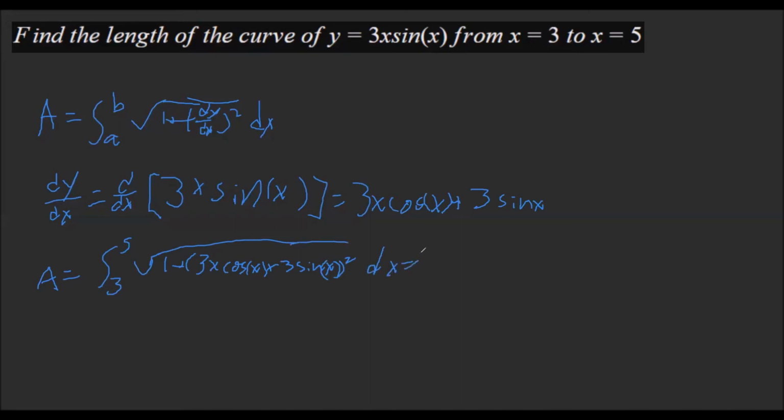Now, we could end it here. However, I have the value on hand, and that is 24.440. So the length of the curve y from 3 to 5 is 24.440.